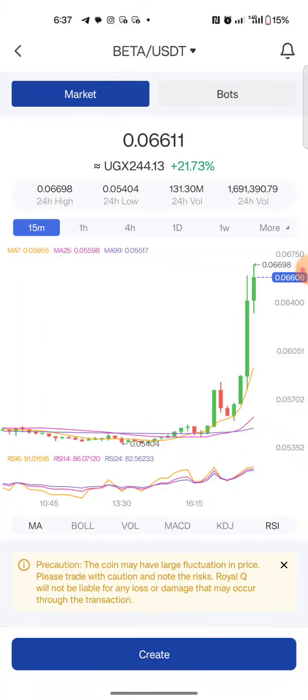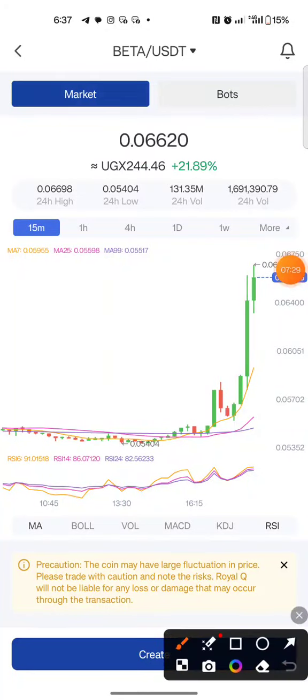It tells you what is happening in real time. Okay, it's telling you what is happening in real time. And in Royalq, the relative strength index has the RSI 6, the RSI 14, and the RSI 24. Those are just numbers.